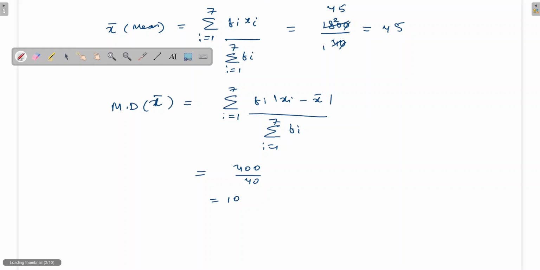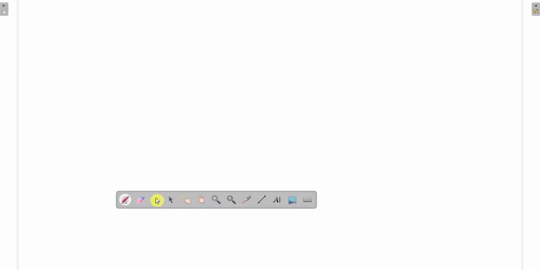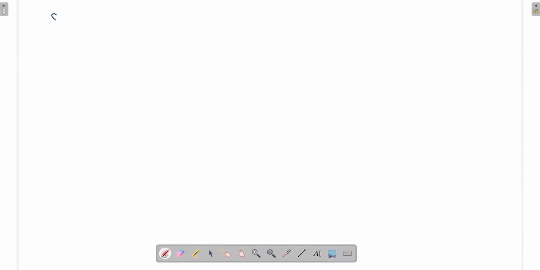Now, let us go to the shortcut method of finding this mean deviation. Okay. Shortcut method. And this is also called as the step deviation method.